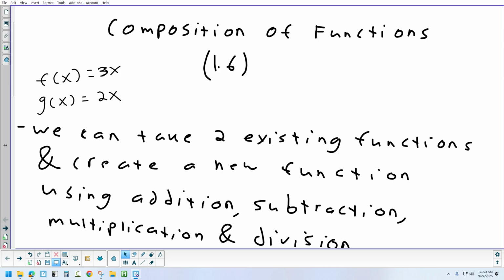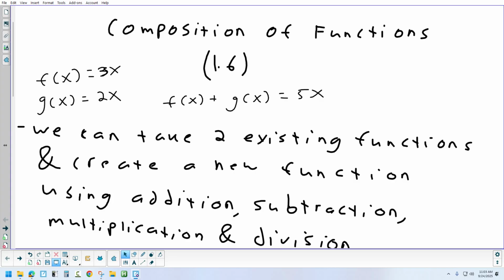If I said to combine those together using addition, the new function you would have is 5x. So 5x is a new function that we created by combining f of x and g of x using addition.